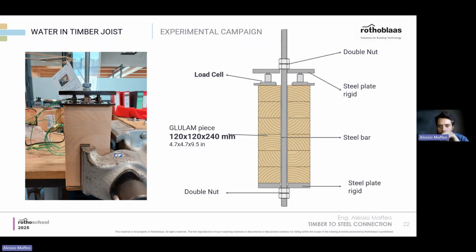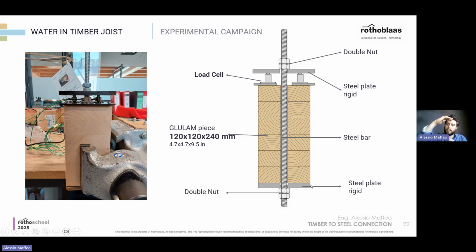Now we will see that we also made a real case. We took a piece of glulam, 4 by 7 by 9.5 inches. You see it here on the left. It's a piece of timber with load cells and everything constrained by this threaded rod with plate and counterplate.